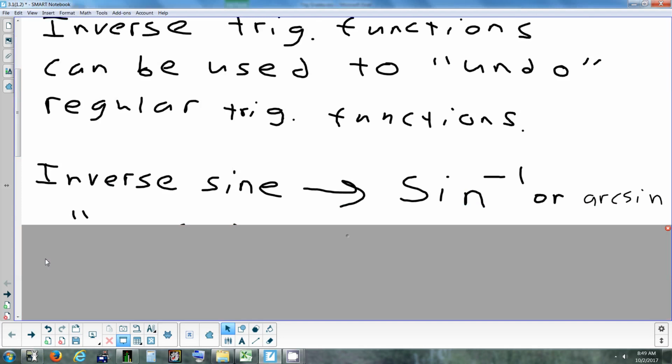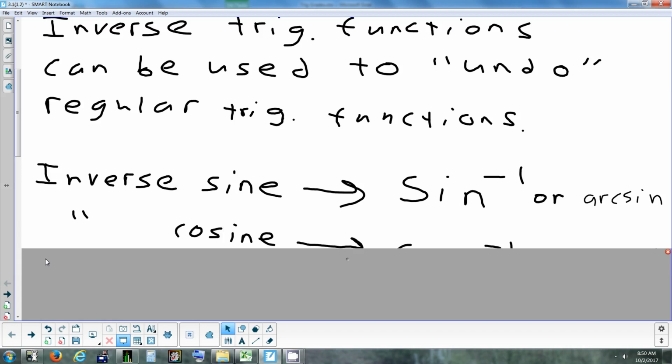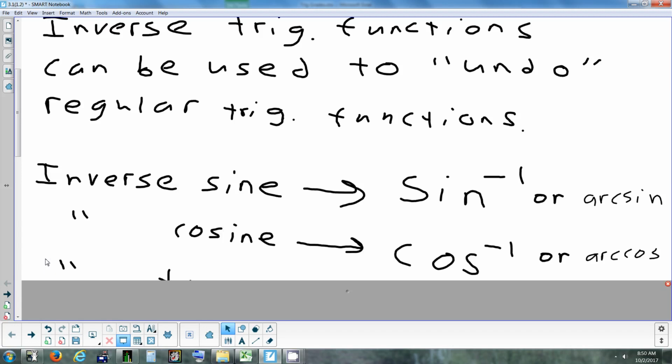Another way you can see inverse sine written is arc sine. Okay? So it's a little bit older way of writing it, but some books, some places you might still see it. So if you see inverse sine or arc sine, they mean the same thing. Okay? Same with inverse cosine. Again, cosine with a -1 up higher is how we'll normally write it, but you could see arc cosine.